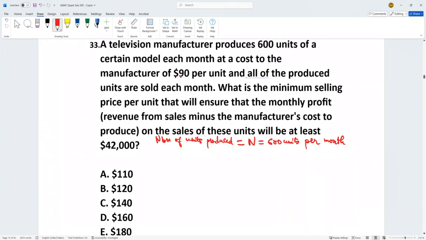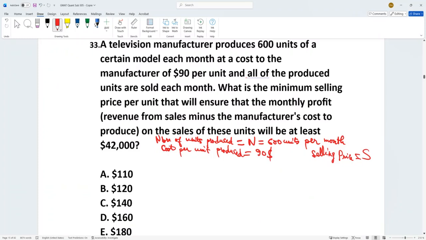And from reading the prompt, we also know that the cost per unit produced is equal to $90. So it says, what is the minimum selling price? So we need to find the selling price. We are going to call it S.